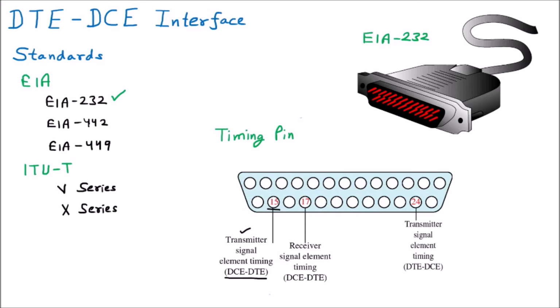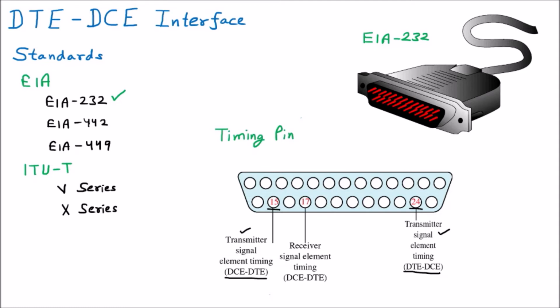The same is done with the help of pin number 24, but it is the opposite, meaning DTE to DCE. So the same timing is taken for the transmitter, but from DTE to DCE. That is the reverse. Pin number 15 works for DCE to DTE and pin number 24 works for DTE to DCE, but both are for the transmitter signal.